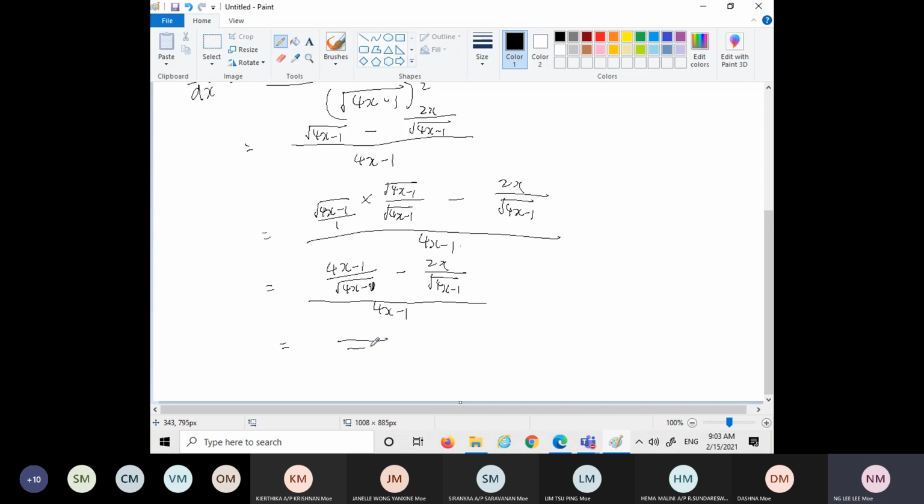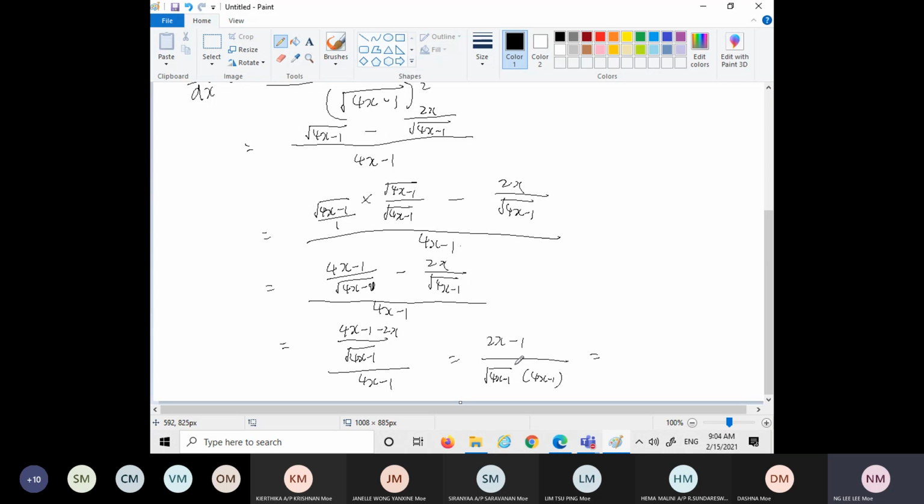Continue. Here, 4x minus 1. Same denominator already. Minus 1 minus 2x, then 4x minus 1. So 4x minus 2x is 2x, minus 1. Then this one can come down here, so 4x minus 1 and then 4x minus 1.